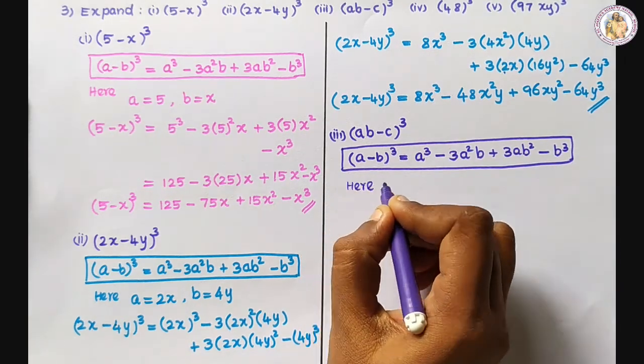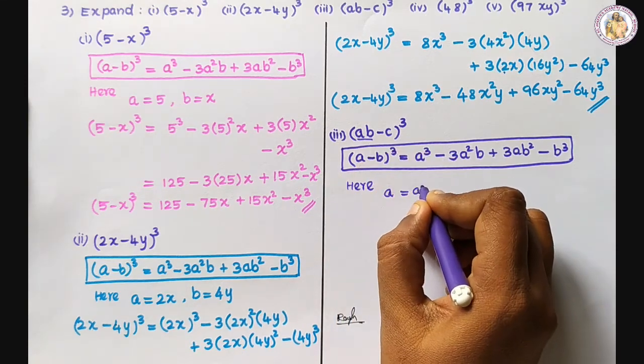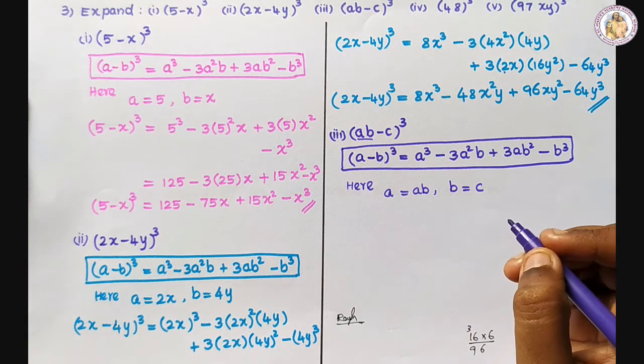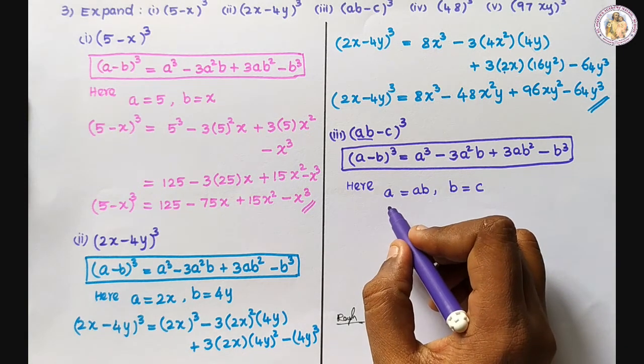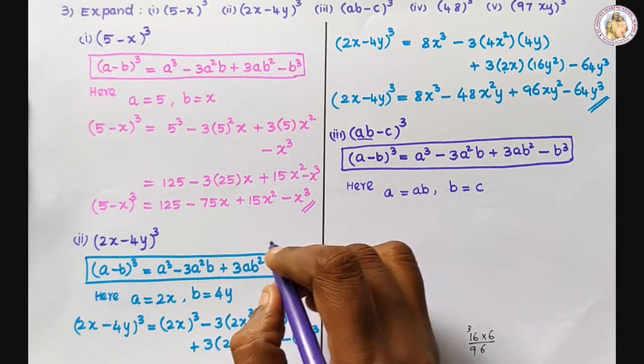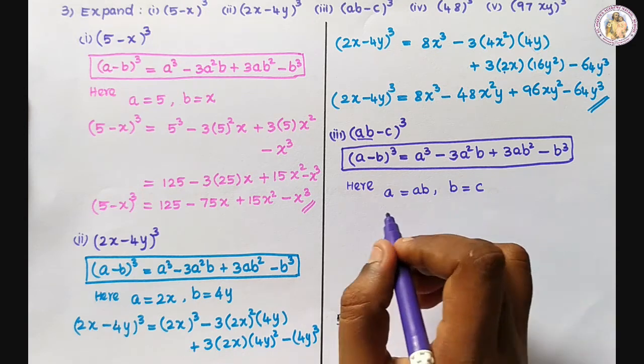Here a equal to what? ab. b equal to c. Children, don't confuse. A equal to ab, b equal to c.